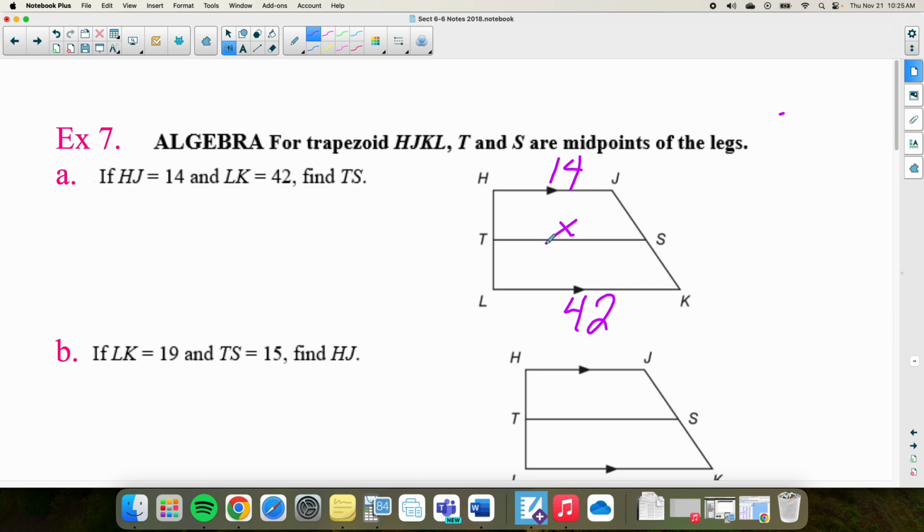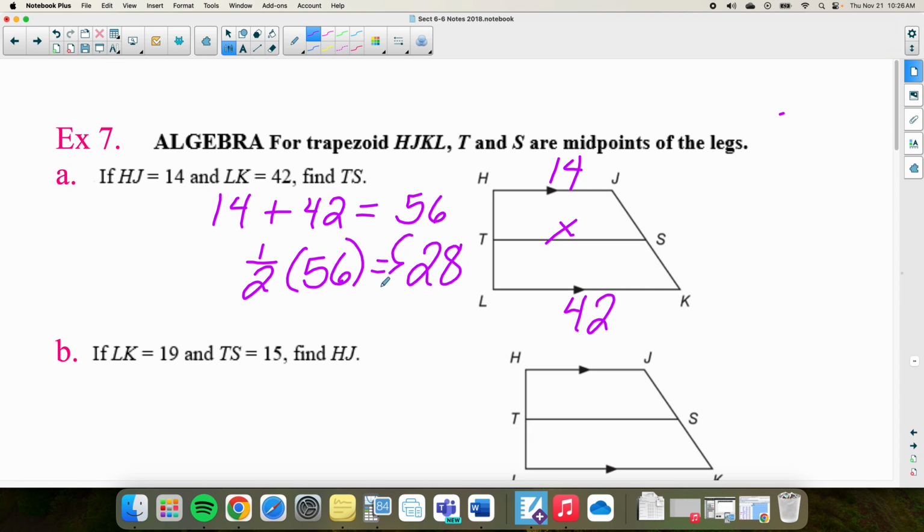Do you guys remember what to do there? Add them and divide by 2 or multiply by a half. Okay, so we're gonna go 14 plus 42, which is 56, and then we could either take half of 56 or just take 56 divided by 2, and that's 28.